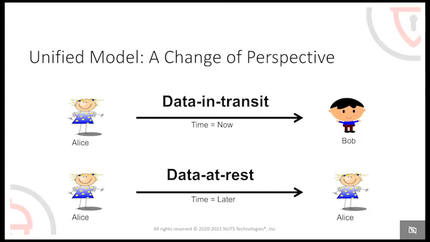The next step, to think about data in transit and data at rest slightly differently, is to think of data at rest as Alice sending a message to herself for some time in the future. Now, it may not be to herself, it could be to other people, so it could be shared. So Alice could be sending to Bob at a later time in the future.